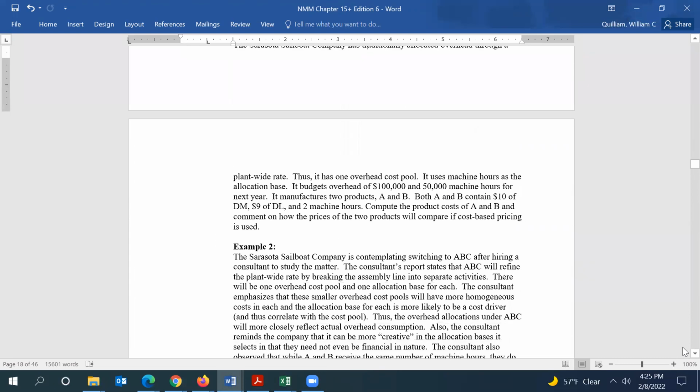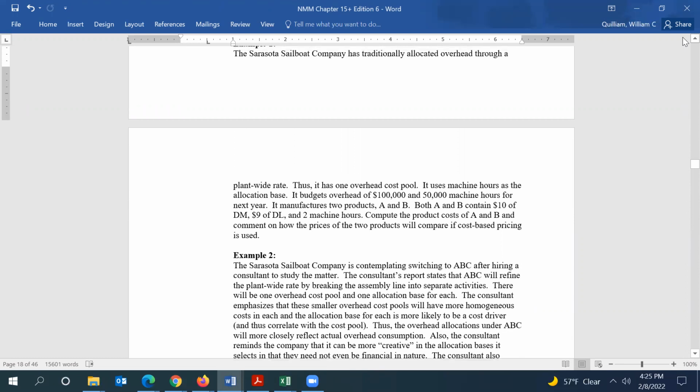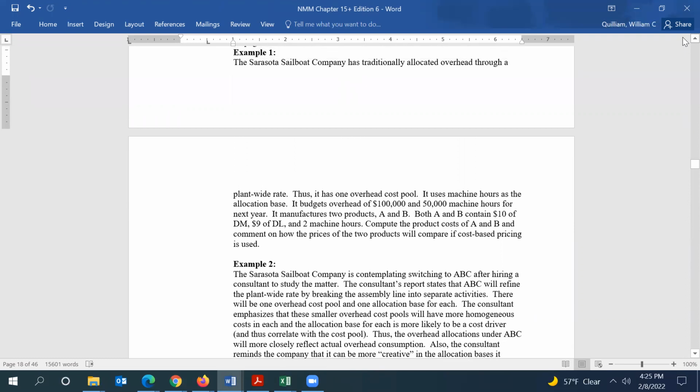So we'll now go through an example, and don't worry about those steps in the book. Here's the Sarasota Sailboat Company. Again, example one, and they're using a traditional overhead system with a plant-wide rate. So one cost pool, $100,000 in this big overhead cost pool and 50,000 machine hours to allocate.